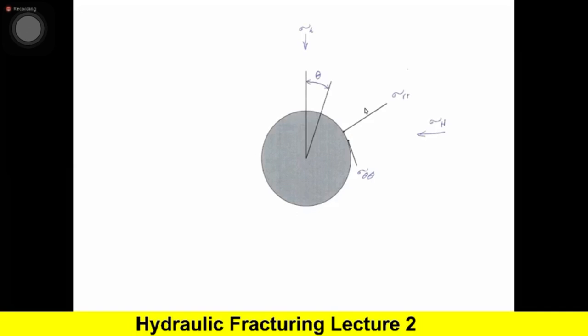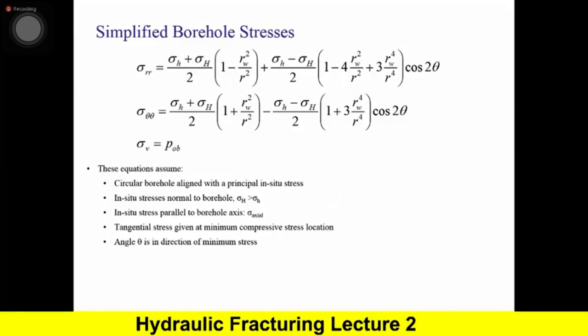So you can see it is moving like a circle around this well bore. So this equation would describe it, and now you know the definition of sigma H, sigma H max, and theta. RW is the well bore radius, and R is whatever distance you are away from the center of the well bore.